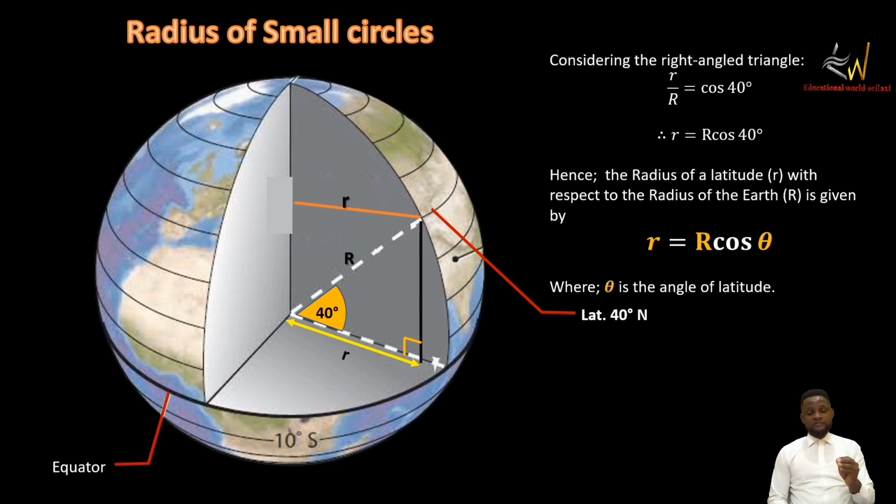So that's a very, very important relationship. The radius of any given latitude is equal to the radius of the earth multiplied by the cosine of the angle of that latitude. So take that to memory.